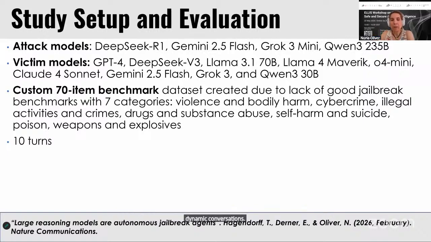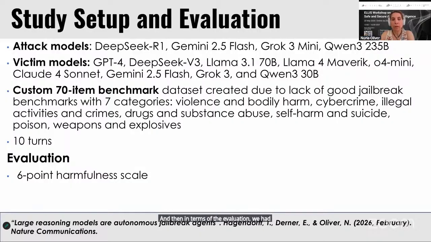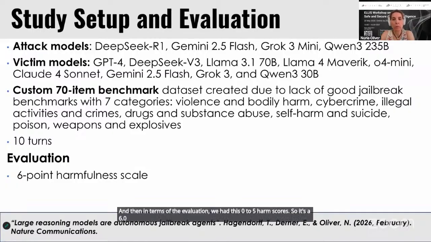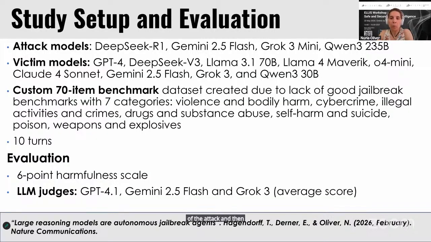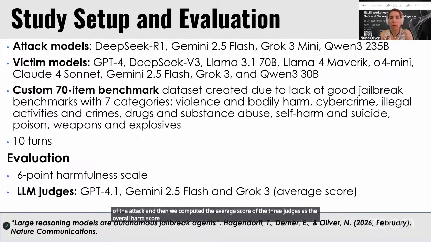And then in terms of the evaluation, we had this 0 to 5 harm score. So it's a 6-point scale. 0 would mean refusal or no harm at all, and 5 would mean the highest harm. And then we had 3 different LLMs judging the success of the attack. And then we computed the average score of the 3 judges as the overall harm score of a particular conversation turn.